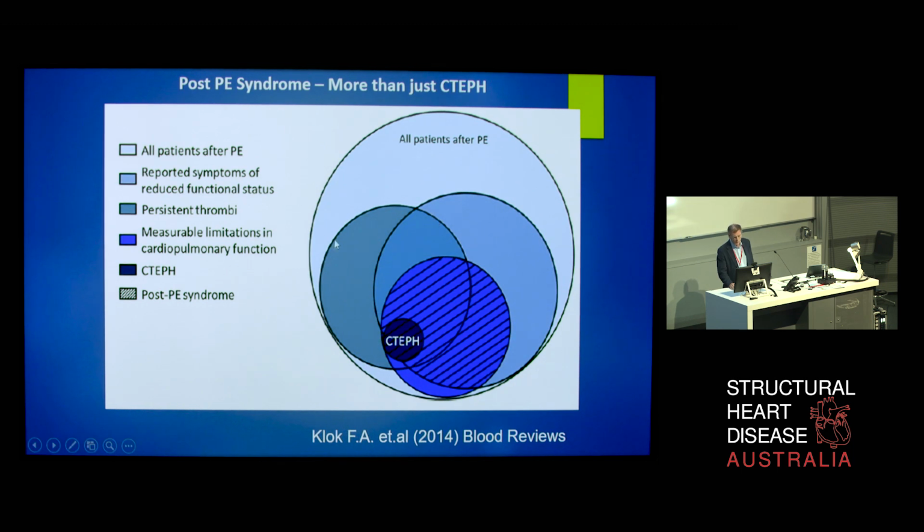Then there are also patients that have persistent thrombi that you can see on VQ scans and CT scan. And then there are patients with some sort of measurable limitations to their cardiopulmonary function. And this group here, we call the post-PE syndrome. But within that, there's a very small group that actually have chronic thromboembolic pulmonary hypertension.